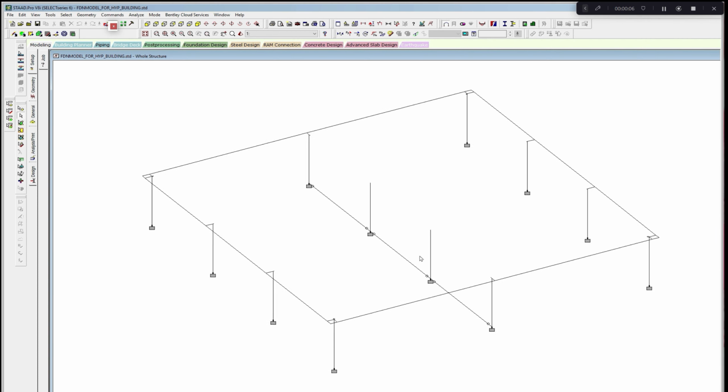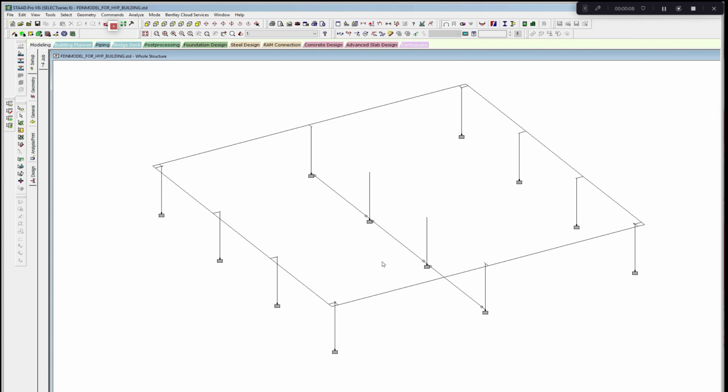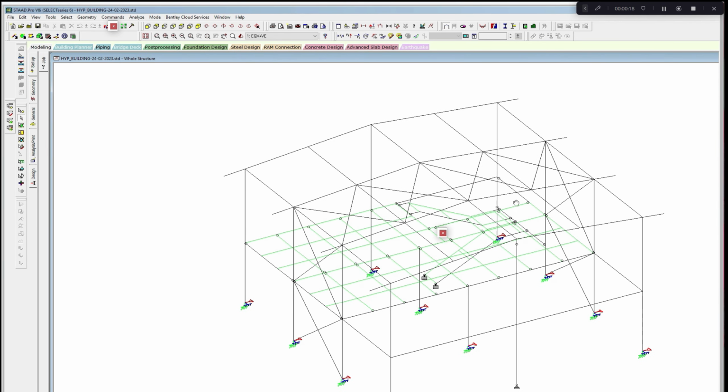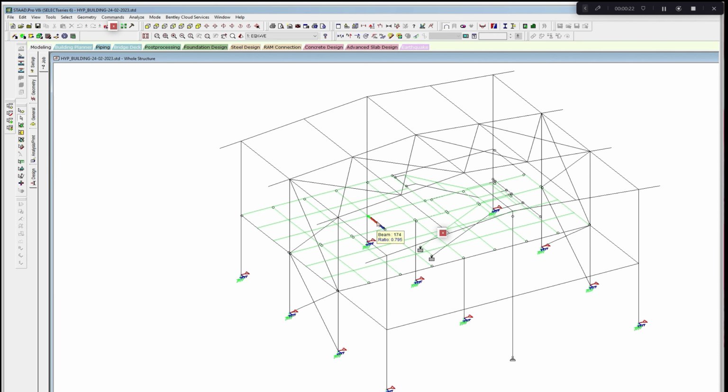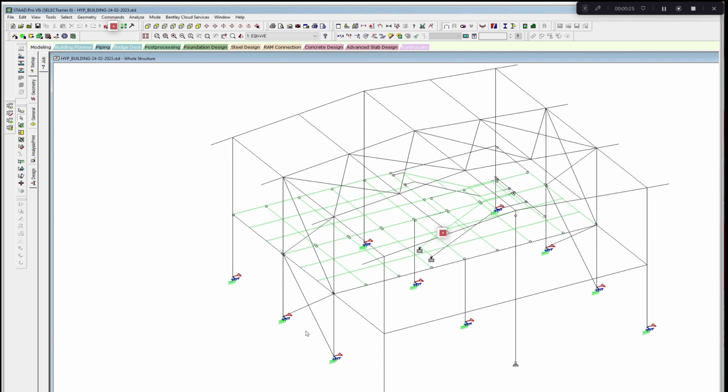Before we go to the foundation, let us have a look at the original STAAD file of the building. This is our original STAAD file of the superstructure. You can see these are fixed base columns. They are fixed in one direction, so we have to take that direction into consideration.